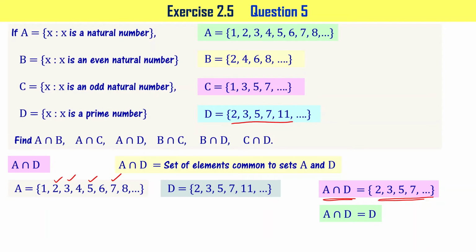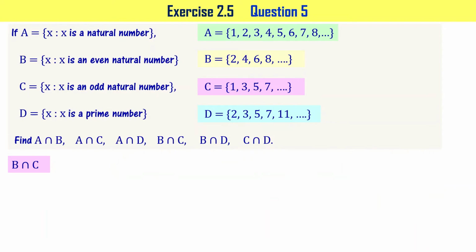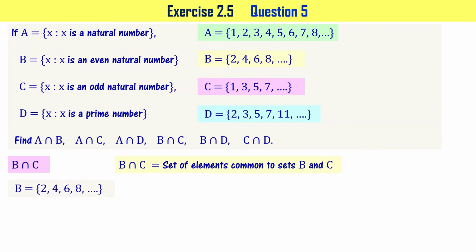Now let's go to the next part of this, that is B intersection C. B intersection C is the set of elements common to both the sets B and C. Let's write what is B. B is the set containing elements 2, 4, 6, 8 and so on. These are even natural numbers. And C is the set of elements that are odd natural numbers, right?